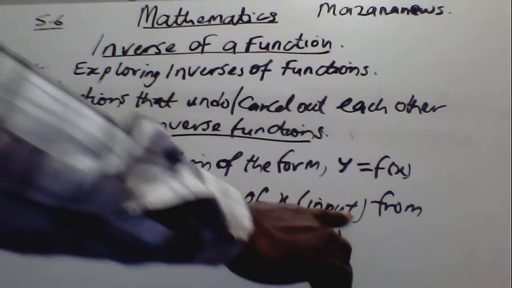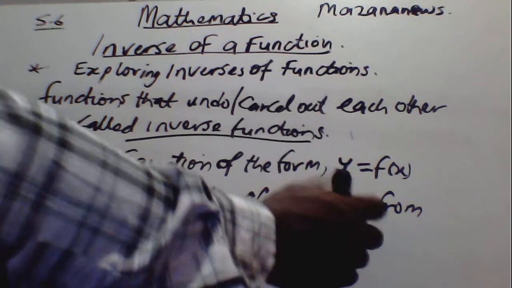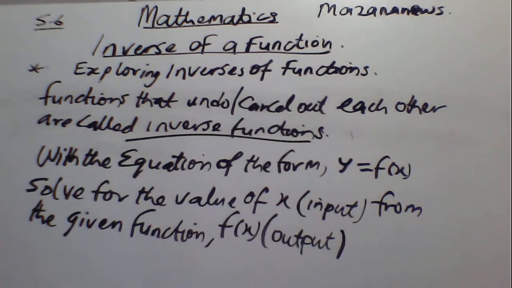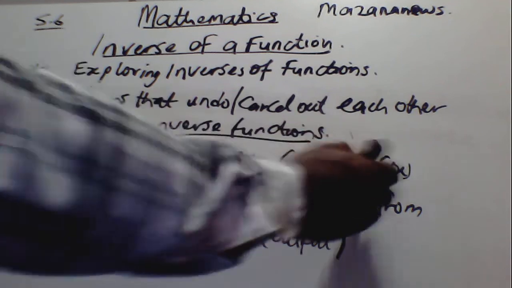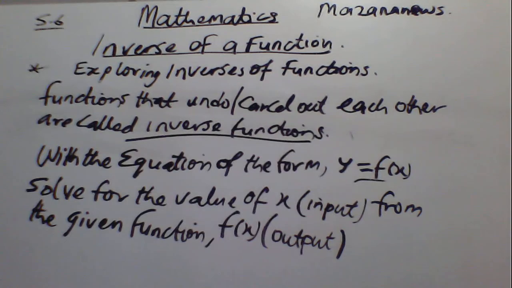So this equation will enable us to solve the value of x, which is the input, from the given function f of x, which is the output. Because we are still on the inverse function, let's see how we can use this given equation to solve for x, and then proceed to know more of inverse of a function.